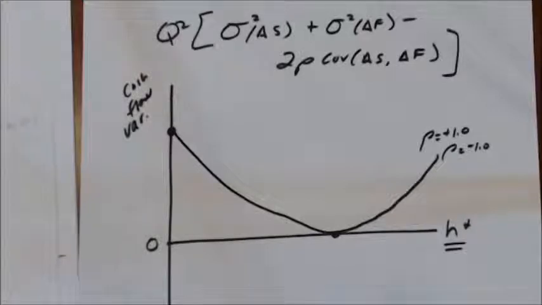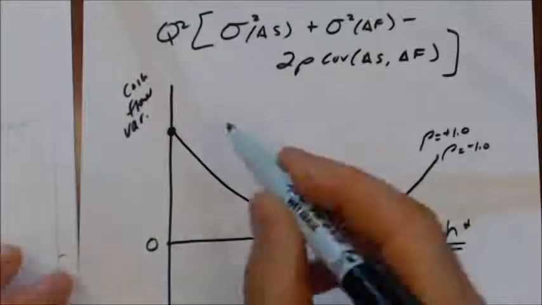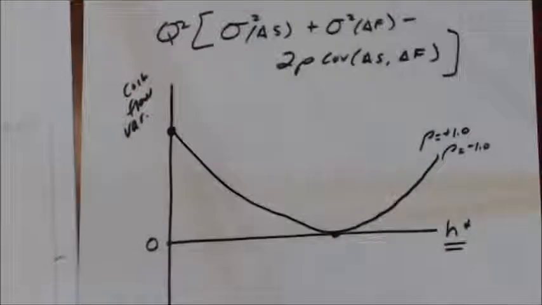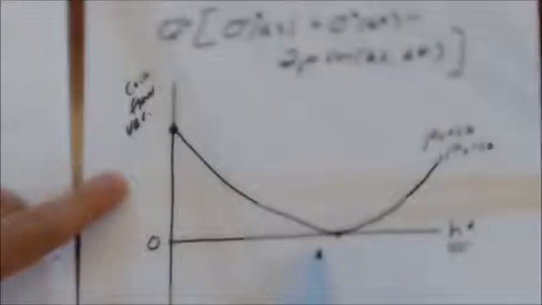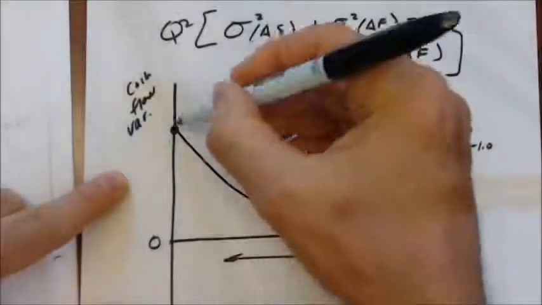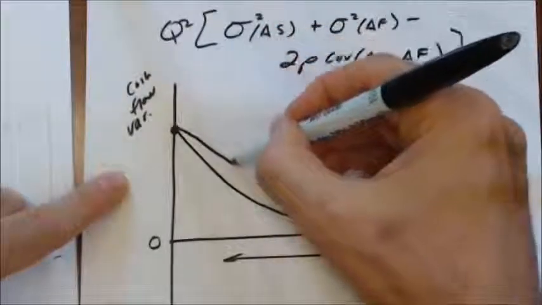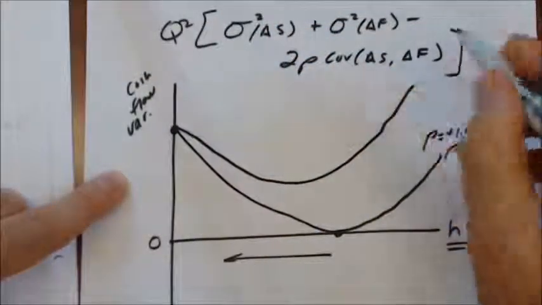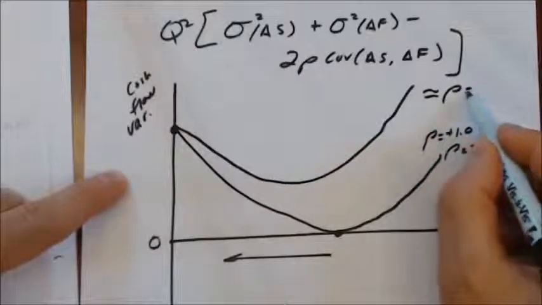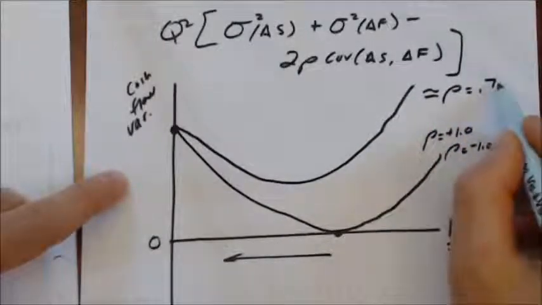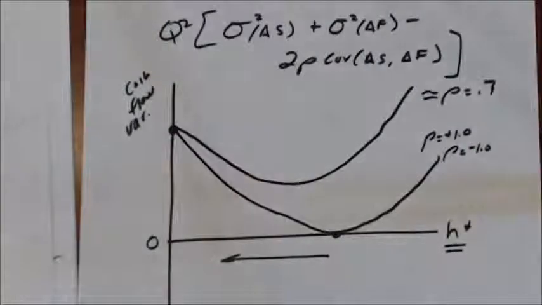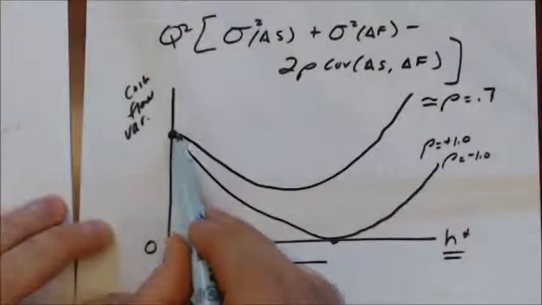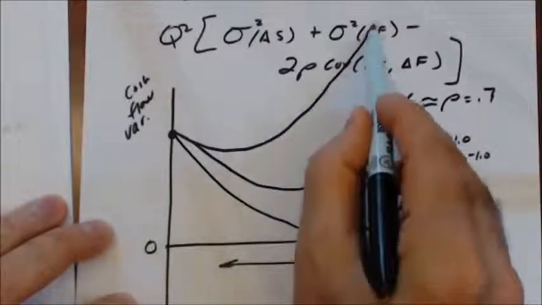Now, if you have correlation that's not perfect, you will have hedge ratios that are a little lower, and you won't be able to get rid of as much of the variation. So it might look like this for maybe a rho of, let's say, 0.7. And if you had something with very low correlation, it would look like this and shoot right up.